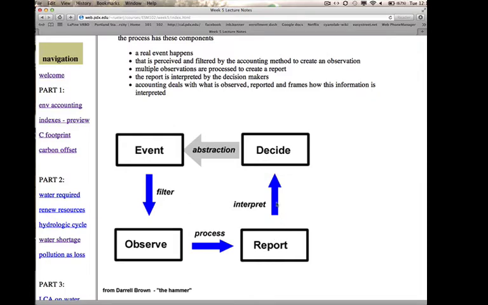But then in order to make a decision, we're going to have to interpret and apply some sort of value judgment to see what decision is going to be made. And so a shortcut here is that in order to make this decision, we have an abstraction of the event. And the abstraction is to filter, process, and interpret. So setting up a system to collect the proper information and create reports so that they can be interpreted, that's the goal of environmental accounting.